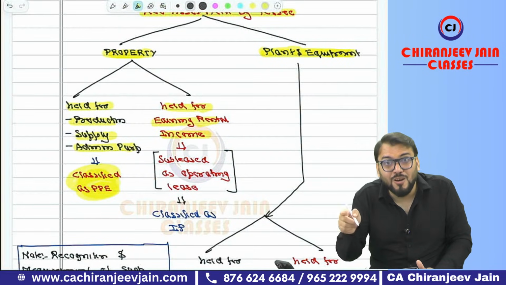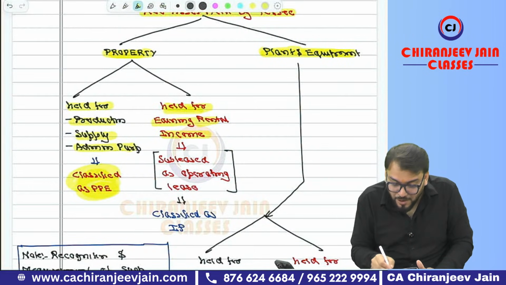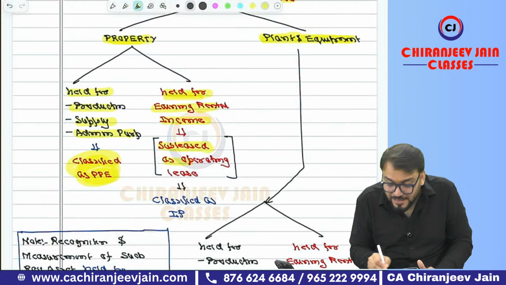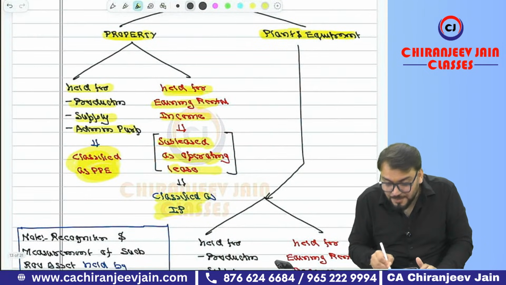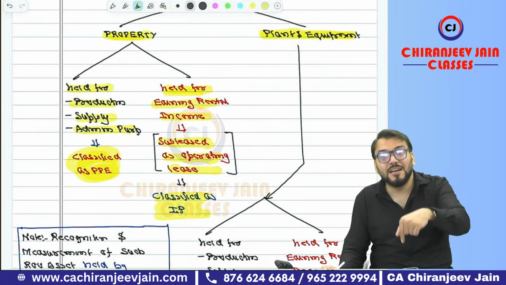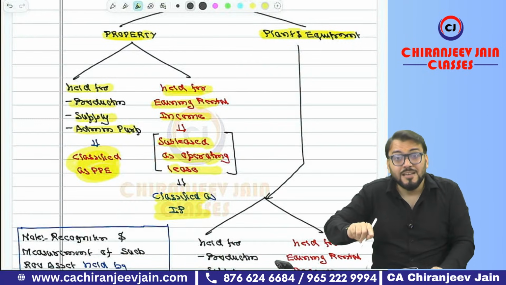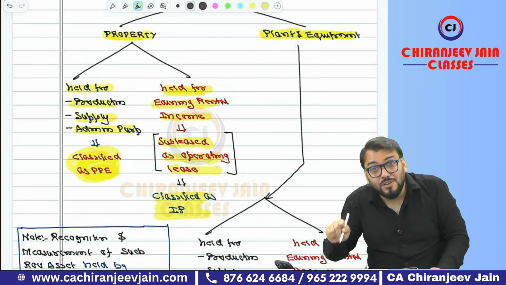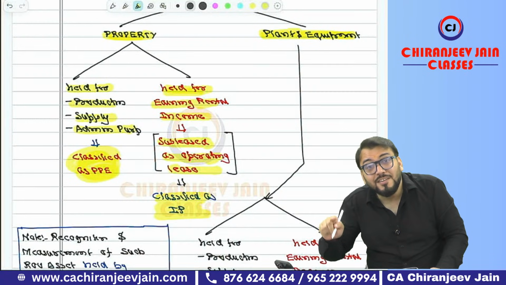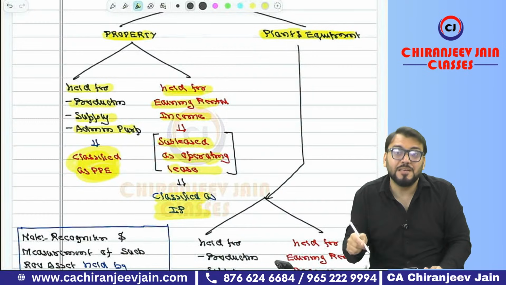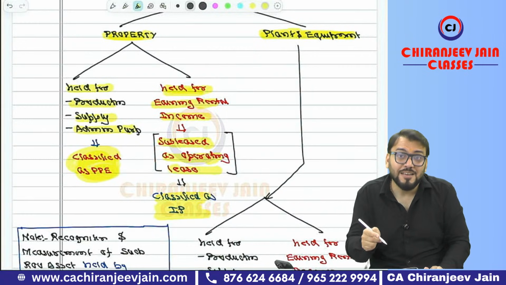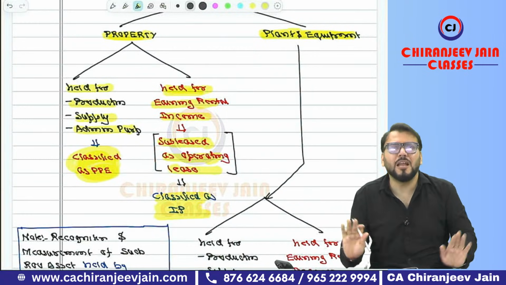Are you able to understand? Held for earning rental income means subleased as operating lease, then it will be classified as IP, investment property. So any ROU asset held by a lessee, if it is only given on rental for earning rental income, will be IP. If it is used for production, supply, or admin purpose, then it is property, plant, and equipment only.